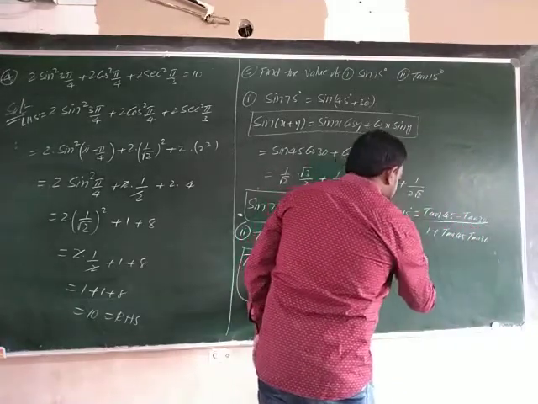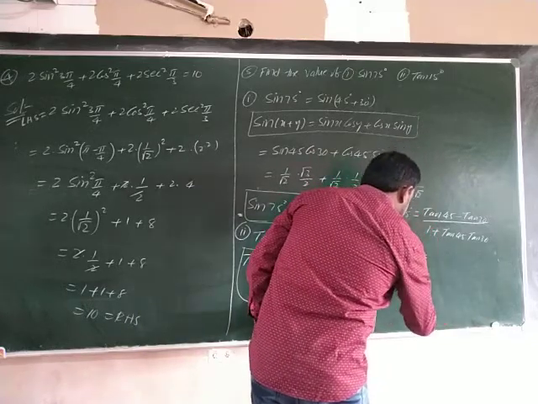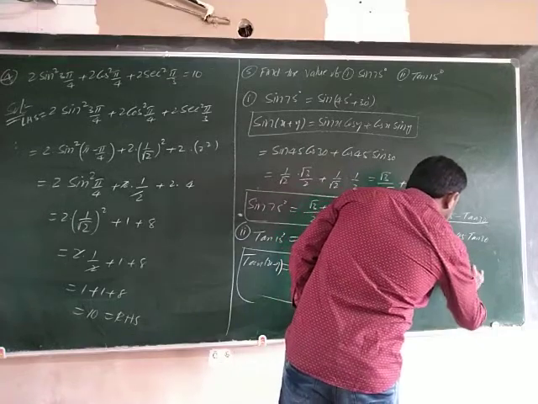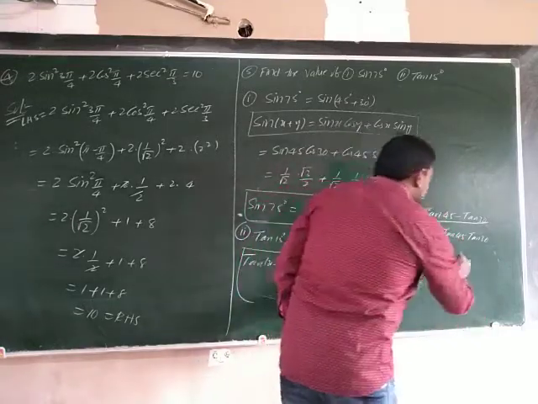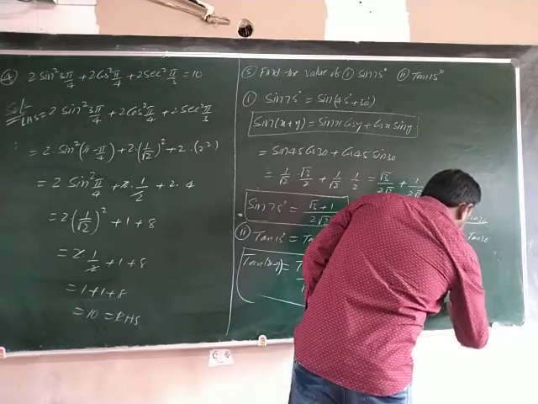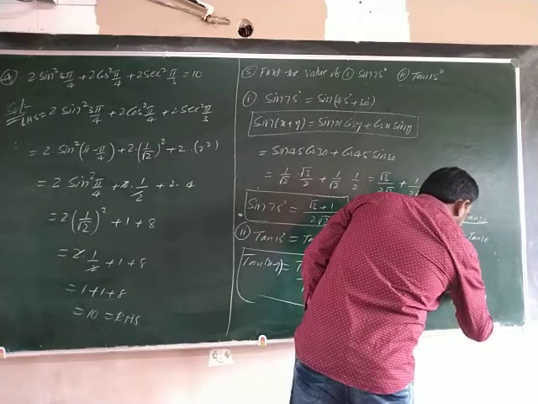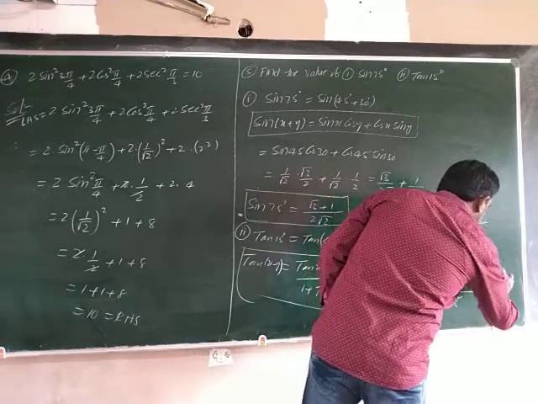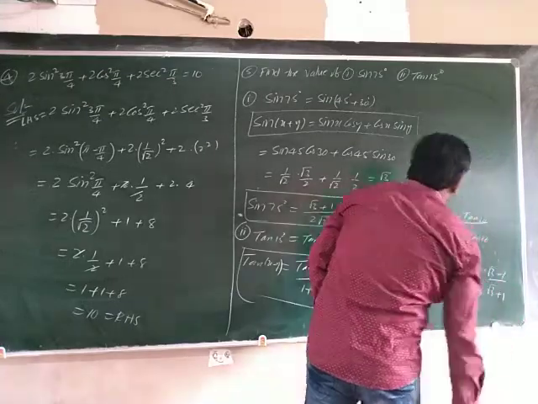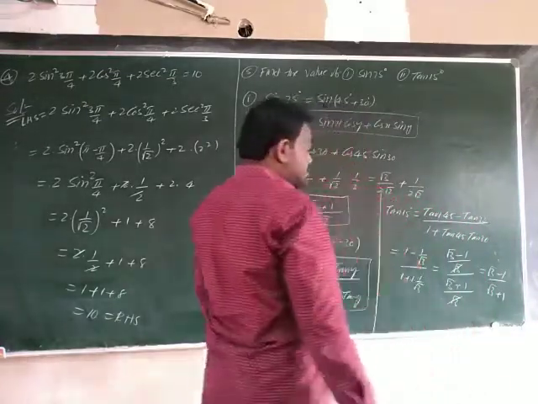So this is equal to tan 45 is 1, tan 30 is 1 by root 3, by 1 plus 1 into 1 by root 3. So numerator LCM is root 3, 1 into root 3 minus 1. Denominator LCM is root 3, 1 into root 3 plus 1 into 1. Root 3 gets cancelled. This is root 3 minus 1 by root 3 plus 1.